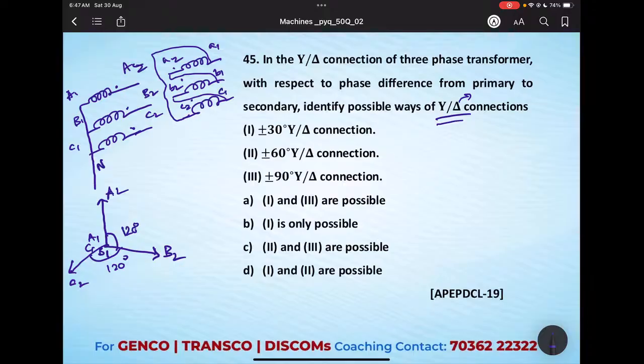While writing the phasor diagram, we need to remember that the tip of the phasor is always towards the output side, and the secondary phasor needs to be parallel to the primary phasor. That means here this is the A phasor, this is the B phasor, and this is the C phasor. This will be the secondary A phasor, small a.